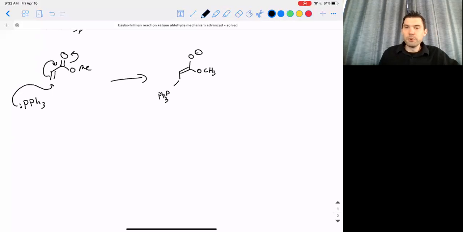And one thing that is really important to remember is anytime in these mechanisms that we generate a negative charge, we also want to put a positive charge in place. And in this case, it's going to go on phosphorus.